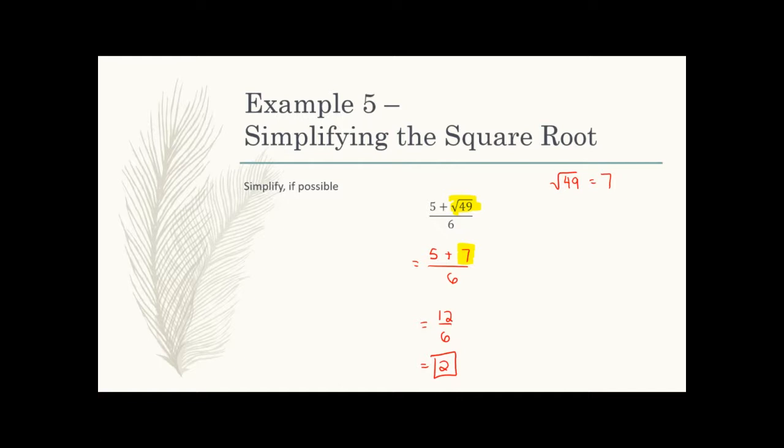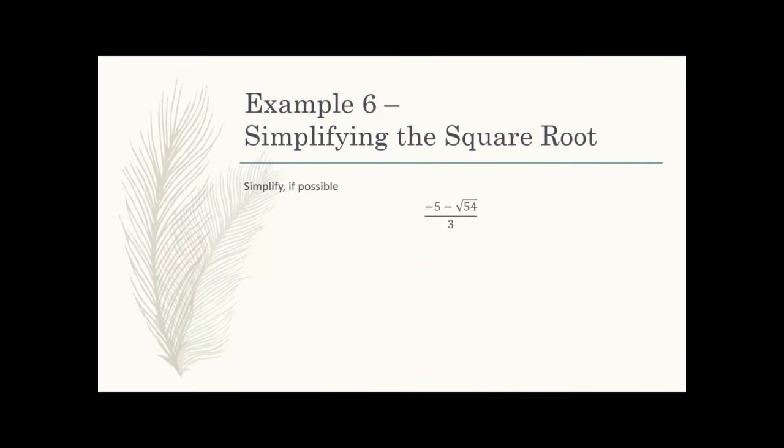Does that answer your question? Okay. So having your calculator handy is going to be really helpful for this stuff.